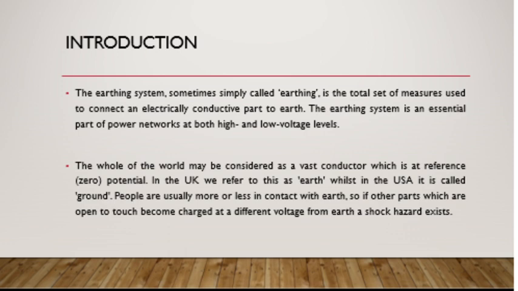In the United Kingdom we refer to this as earth, while in the United States of America it is called ground. So the USA calls it a grounding system, and over here the UK, the Europeans and the Asians deal with it as an earthing system.